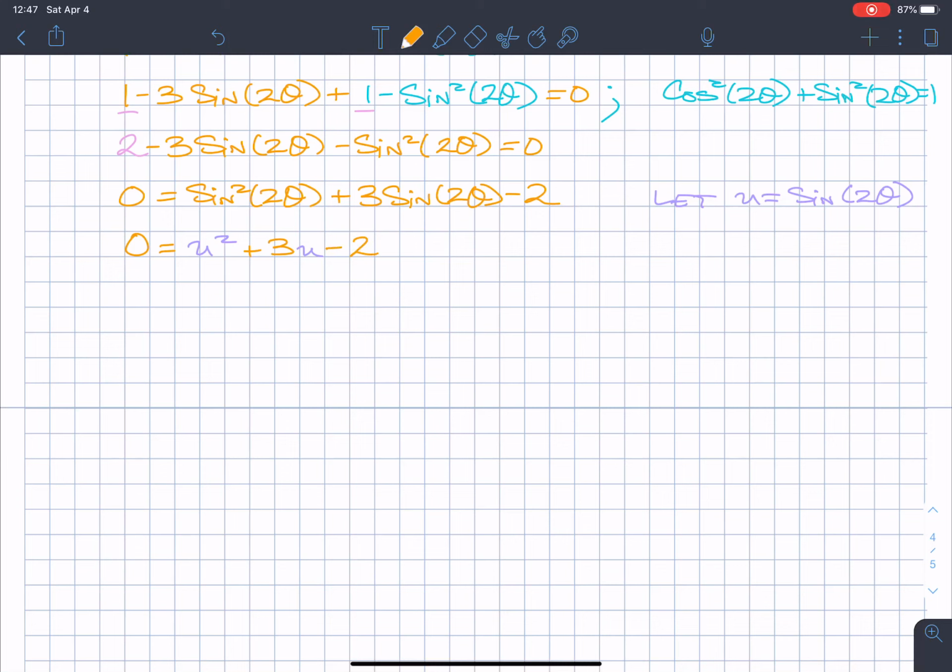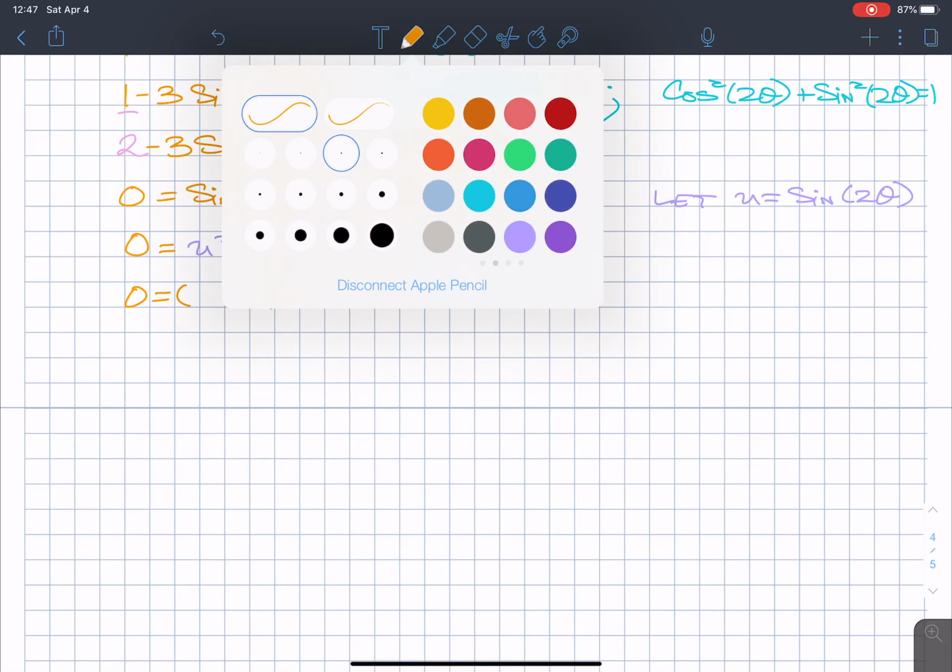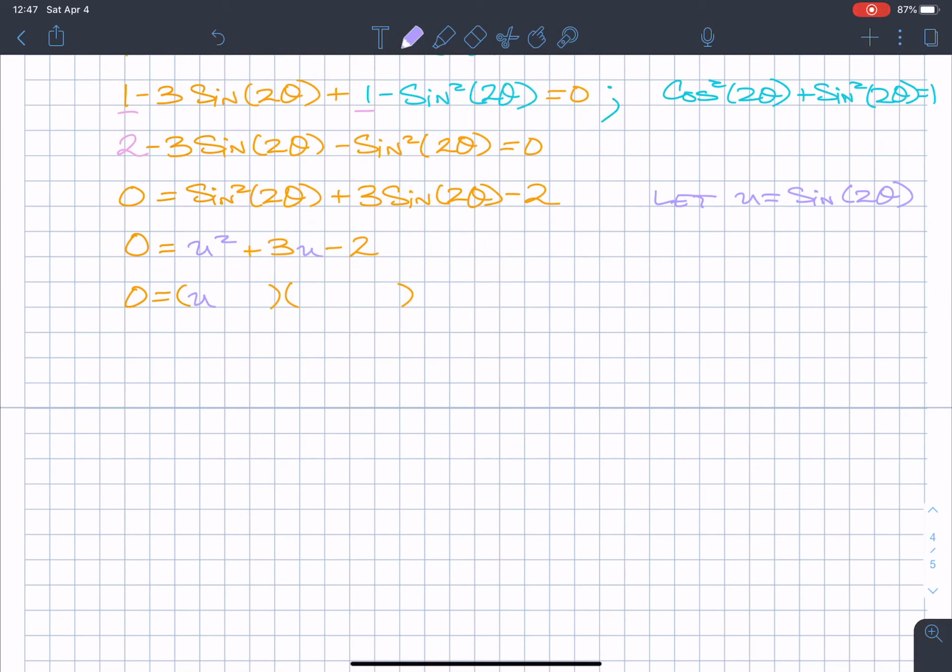Okay, so this should be fairly straightforward to factor. What two integers have a product of negative 2 and a sum of positive 3? Well, they add to 3 and have a product of negative 2. Did I do something wrong here?